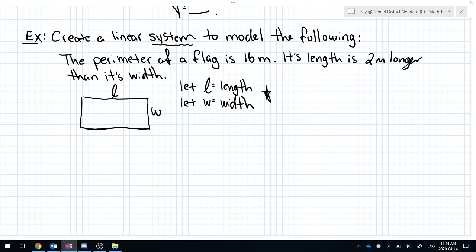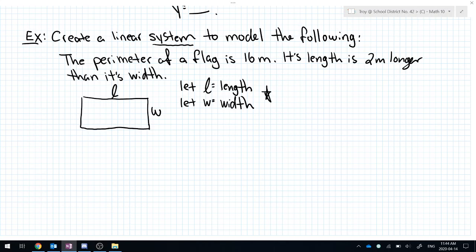And for the perimeter, we know we can get it just by adding two of the lengths and two of the widths together. So length and width deal with both of these separate ideas, that the perimeter is 16 and that the length is 2 meters longer than the width.